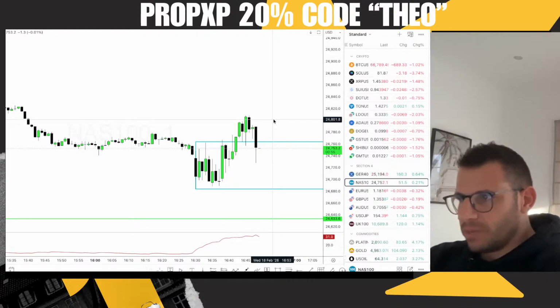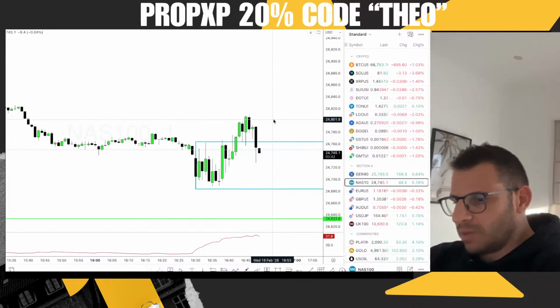Huge bearish candle, yeah. To be honest, if we knew what was about to happen, we would have been millionaires here. What do you think?